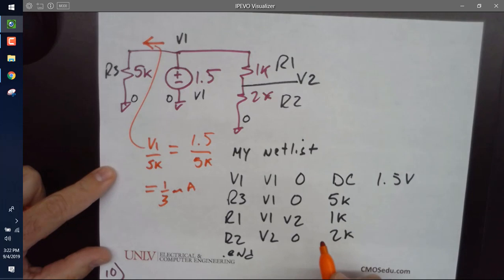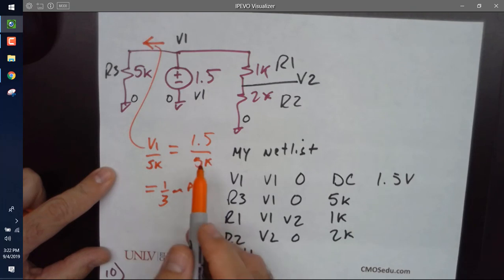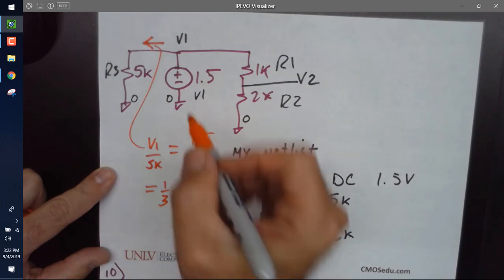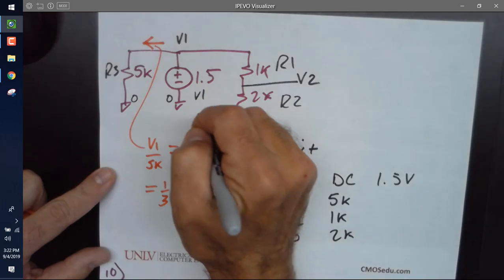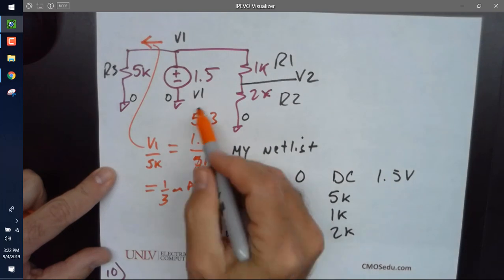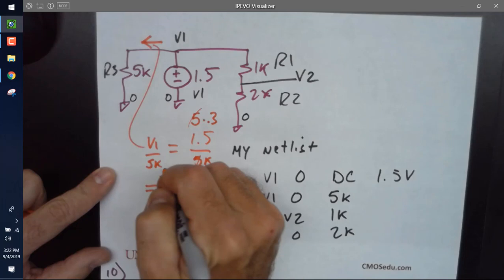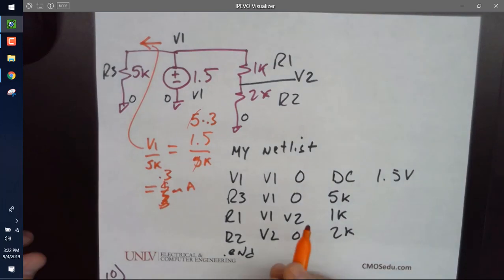No? Did I do it wrong? Let me see. So this is 5 times 0.3. So the 5s cancel, the 3 moves up and becomes milli. Oh, you're right, it's 0.3 milliamps. We agree? Does it bother you I'm not using a calculator?